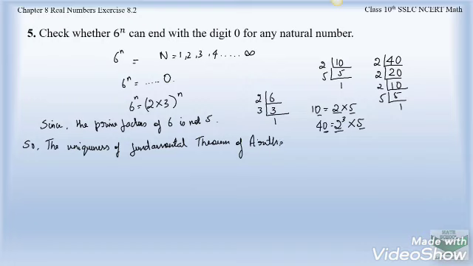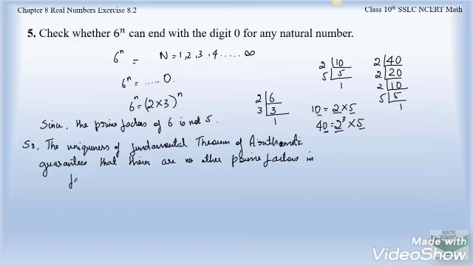The uniqueness of the fundamental theorem of arithmetic guarantees that there are no other prime factors in the factorization of 6 power n.